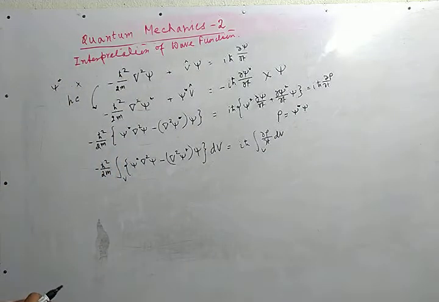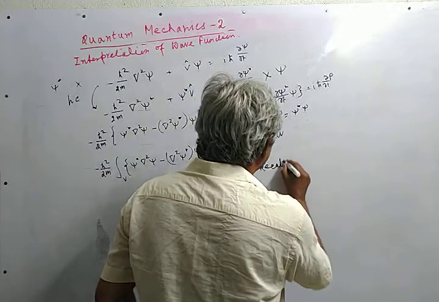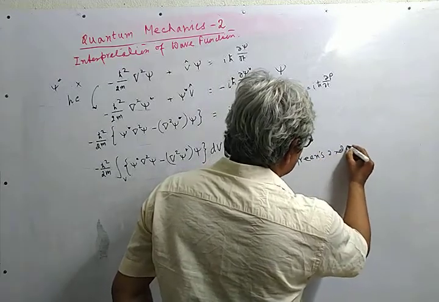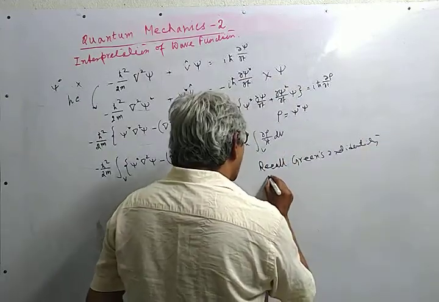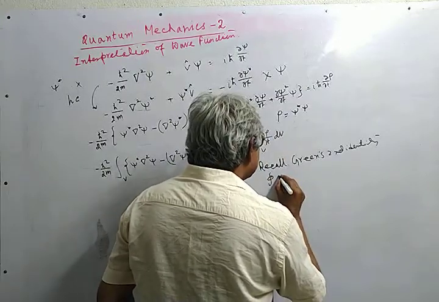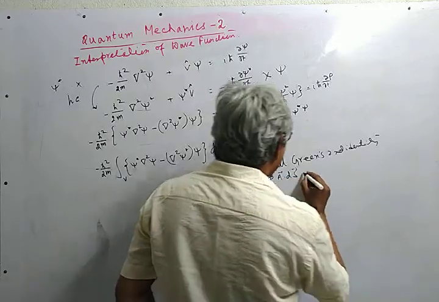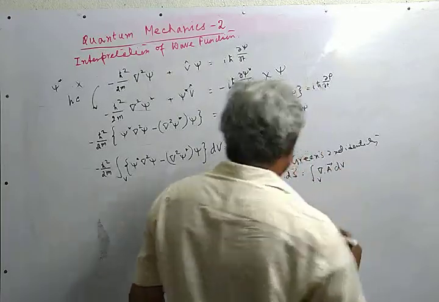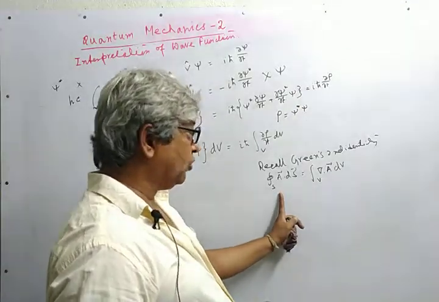Recall Green's second identity. We have Gauss's divergence theorem, where A is a vector field and V is a volume bounded by a closed surface S.